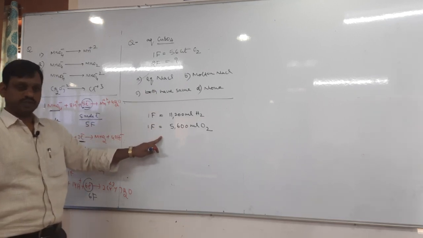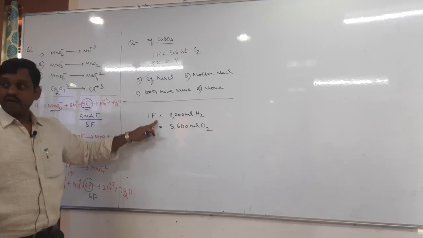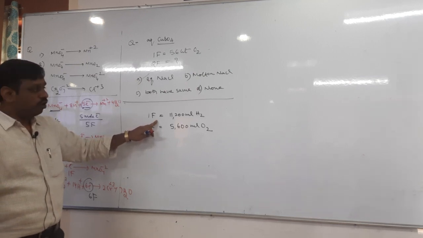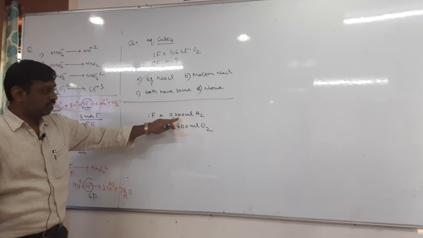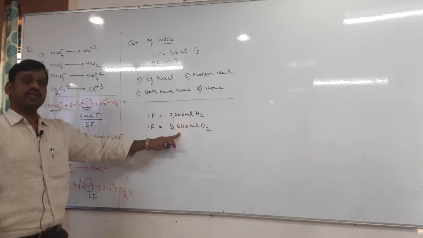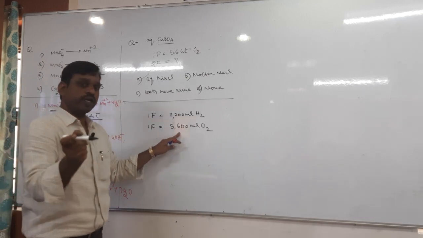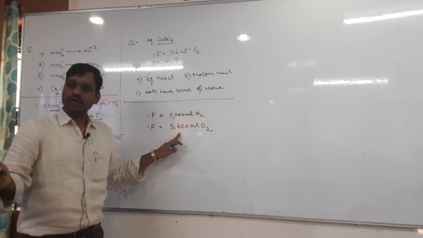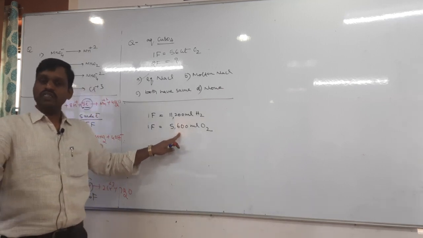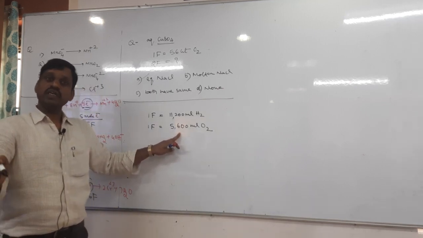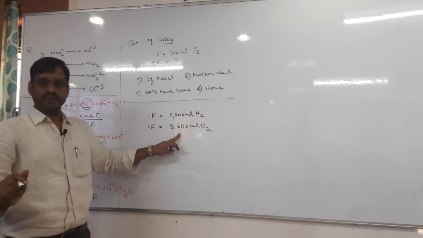Suppose the question is like this. Very good, twice. The volume of hydrogen is always double the volume of oxygen. Now a question can be asked like this: on electrolysis of acidified water, 10 liters of hydrogen is liberated.